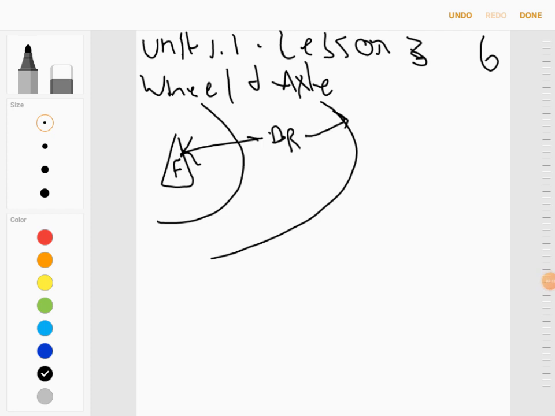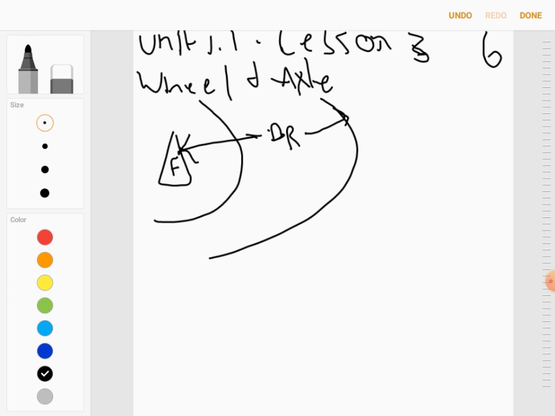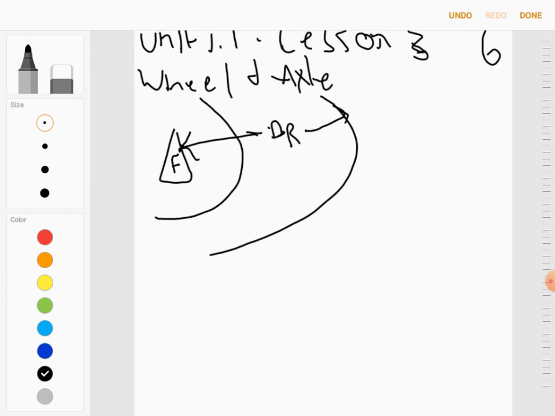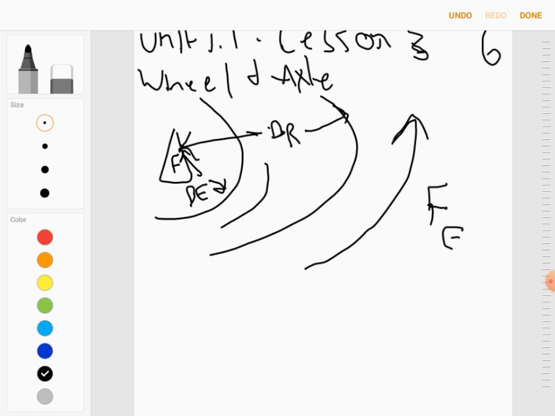And then we have right here effort distance. Then we have right here effort force. And then we have right here, going this way, resistance force.